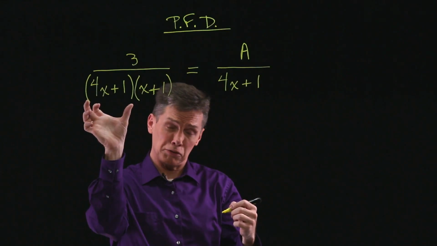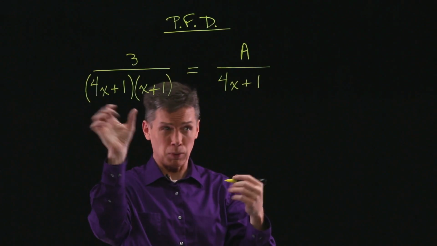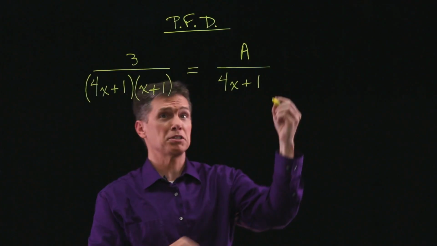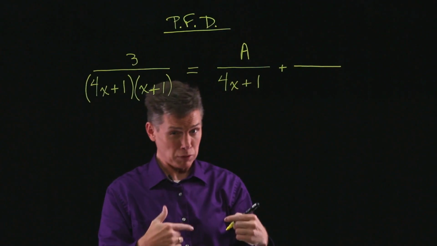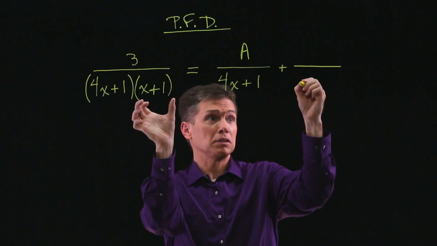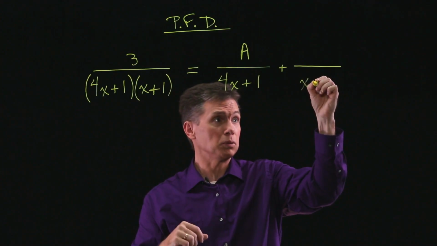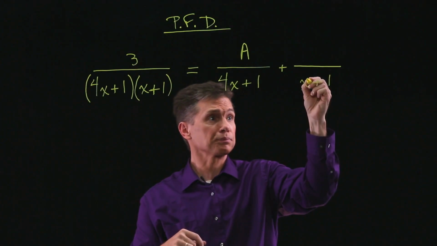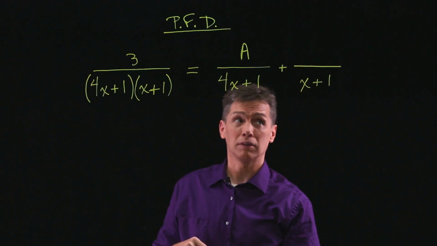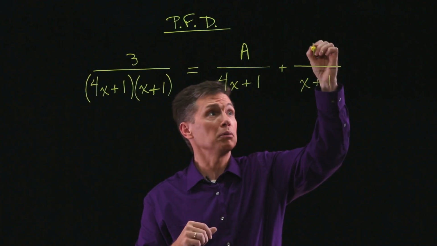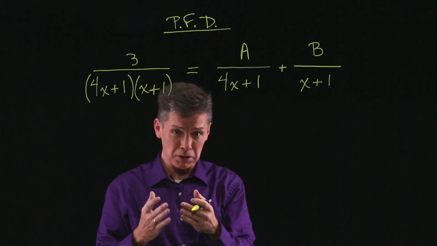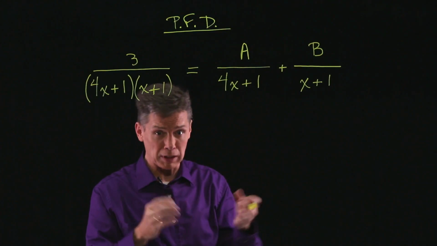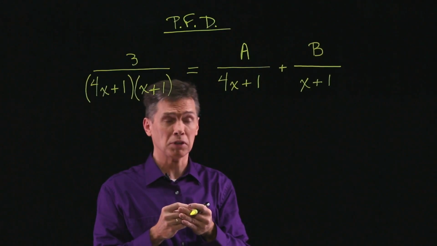Since that factor of 4x plus 1 only occurs once, I only need one fraction to represent it. And then I move on to the next factor of x plus 1. Again, since that's linear, all I need up top is a B. That's it for my factors in the denominator, so that's it for my setup for the partial fraction decomposition.